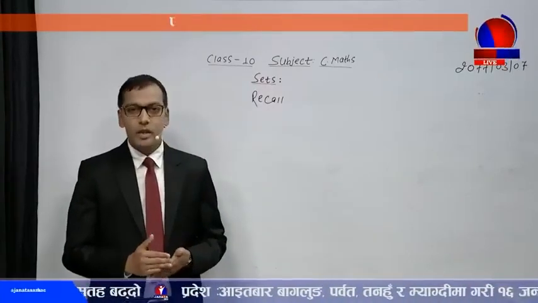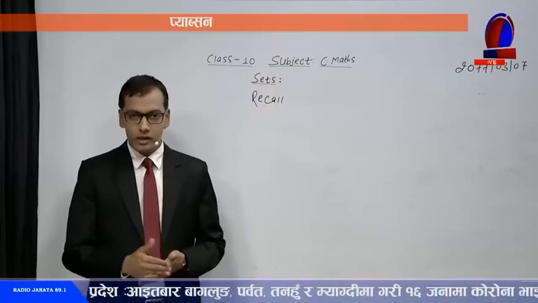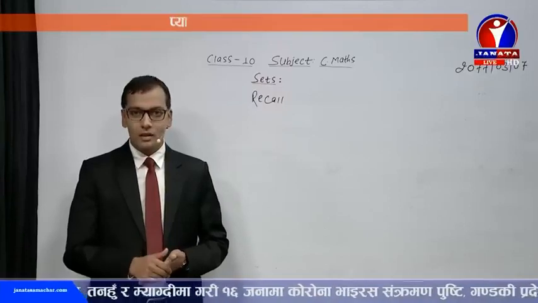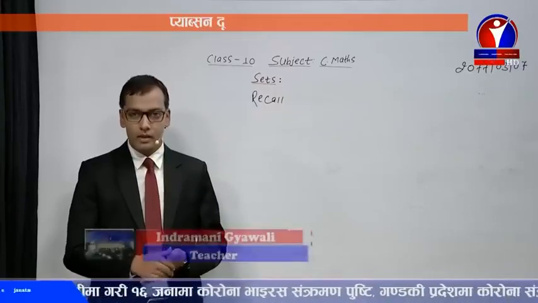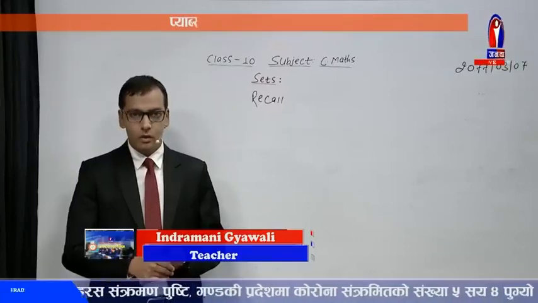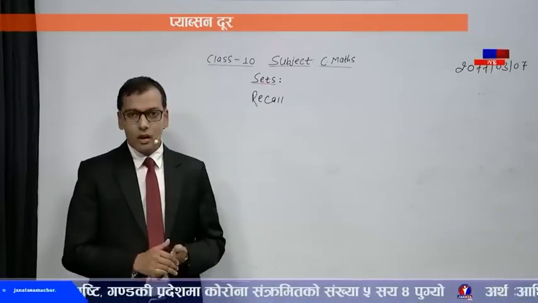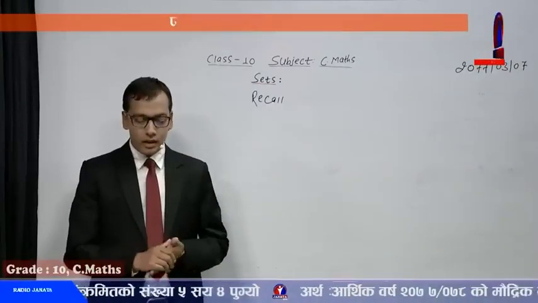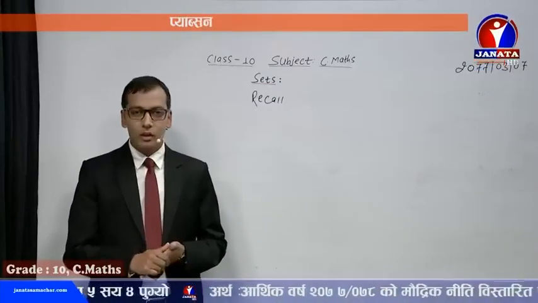Under set operations, there are four different types: union of sets, intersection of sets, difference of sets, and complement of set. I discussed a bit about that, but I did not discuss what the cardinal number of a set is.